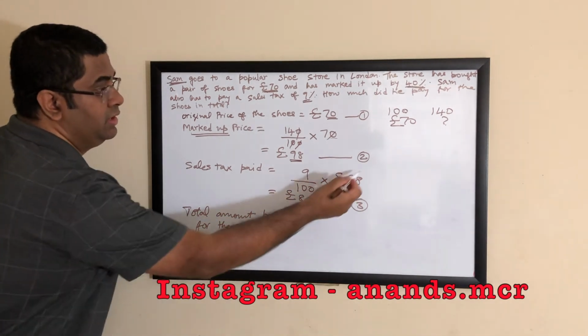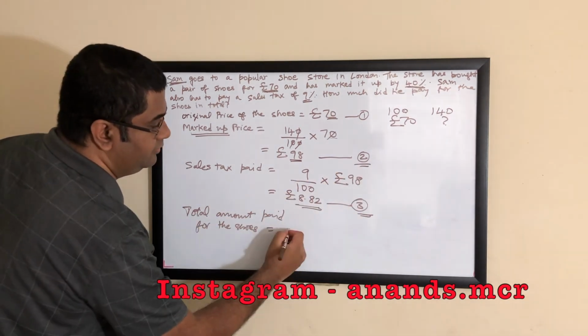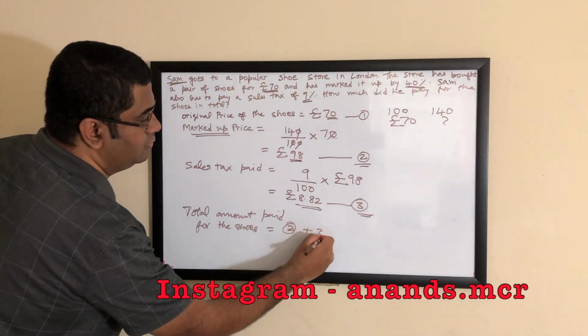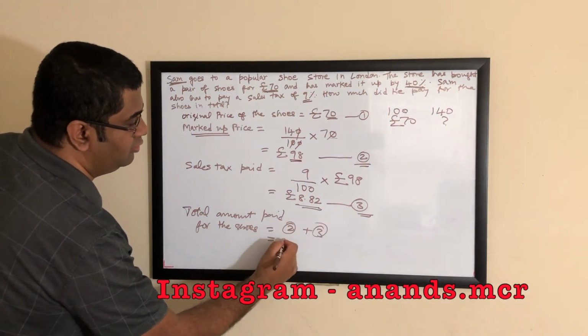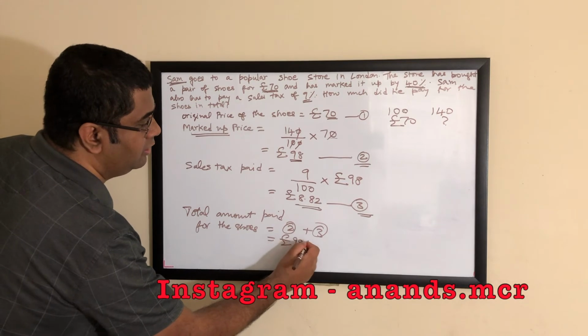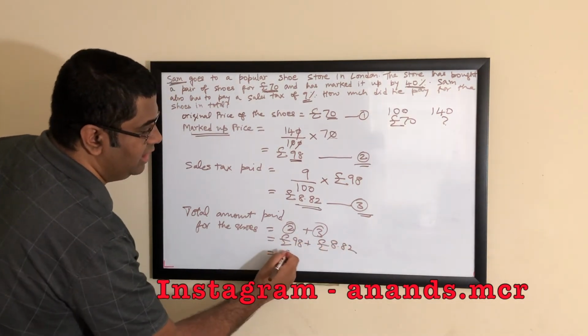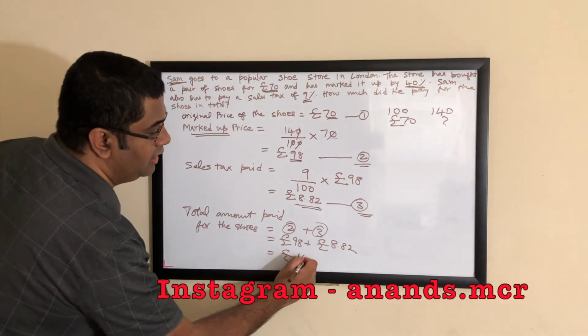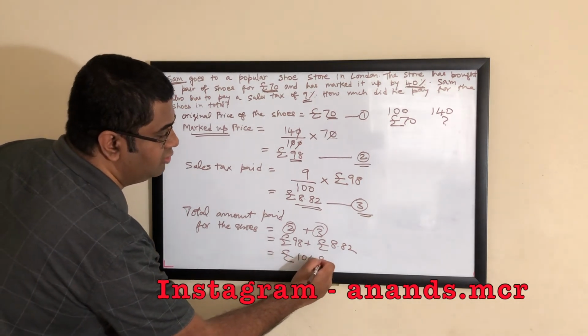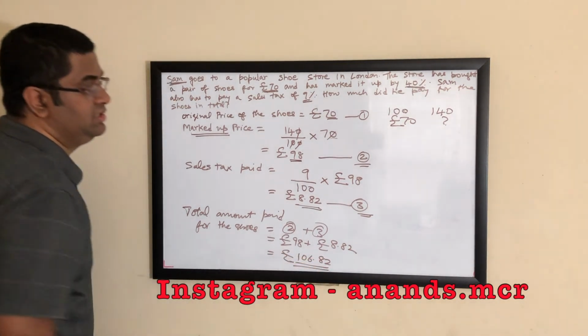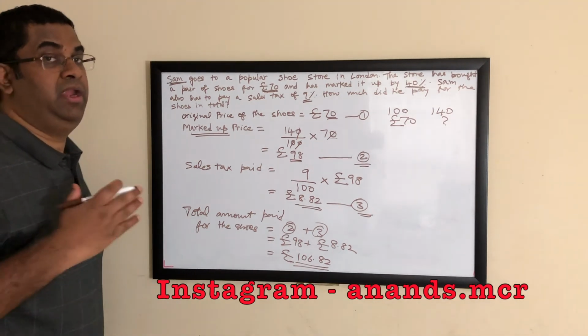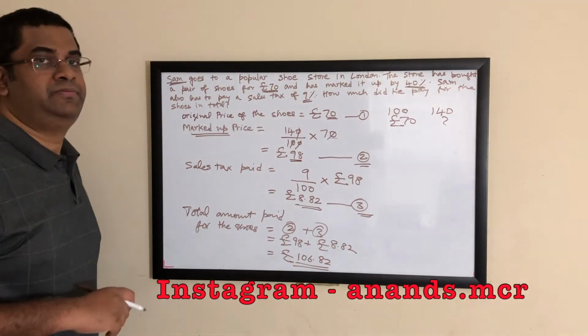This will be step 2 plus step 3, which is equal to £98 plus £8.82. This will yield £106 and 82 pence. So friends, this is the final amount that Sam paid for the pair of shoes.